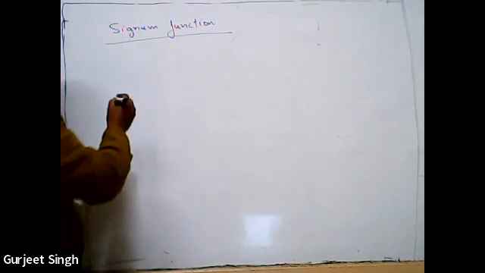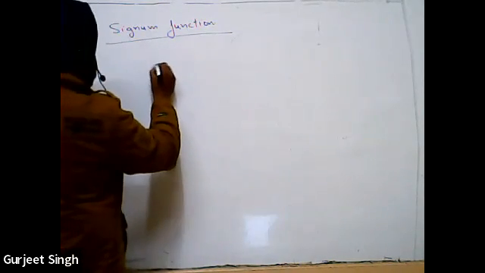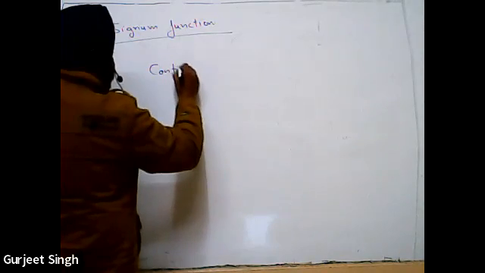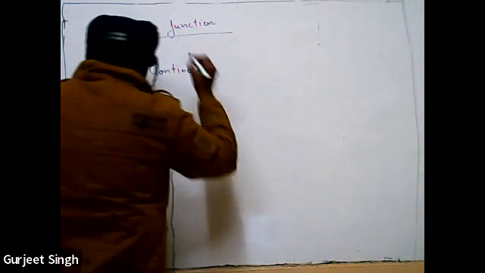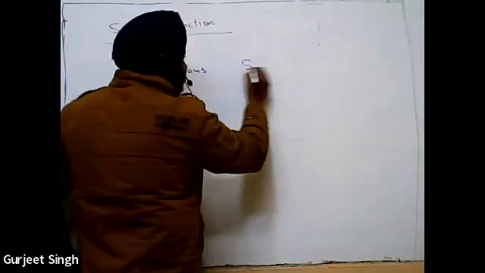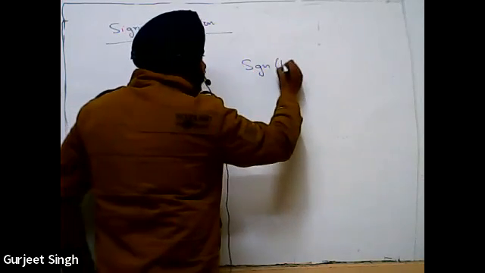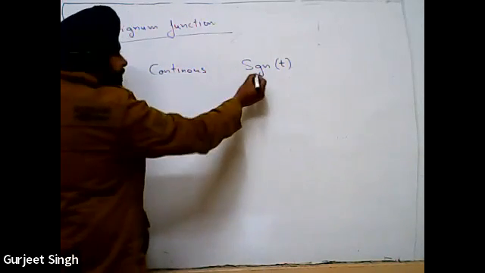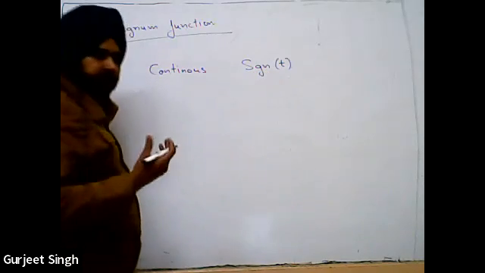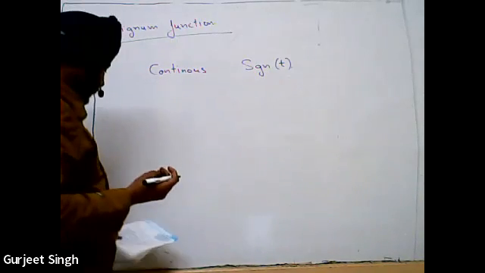First I will explain the signum function in the continuous type. The signum function is denoted by the term SGN, that is sgn(t).